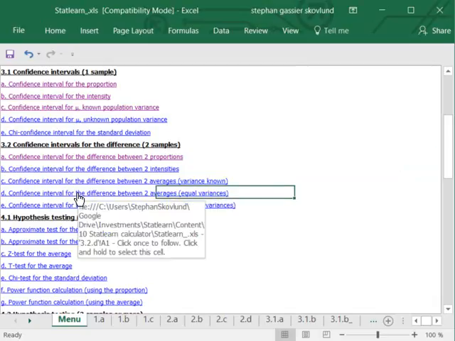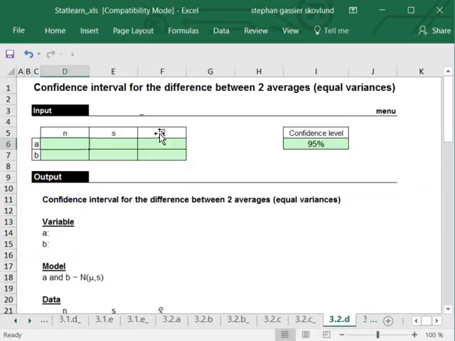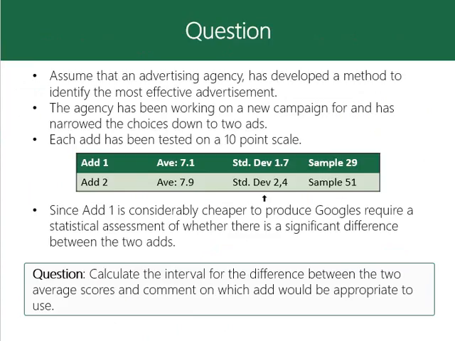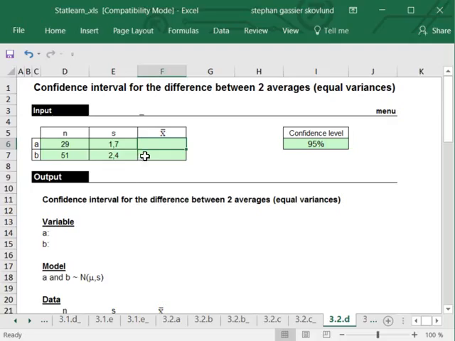So just go in here, sample 1, sample 2, 51, and this was 1.7 and 2.4, if I remember it right, and the averages were 7.1 and 7.9, weren't they? Yes, 7.1 and 7.9.